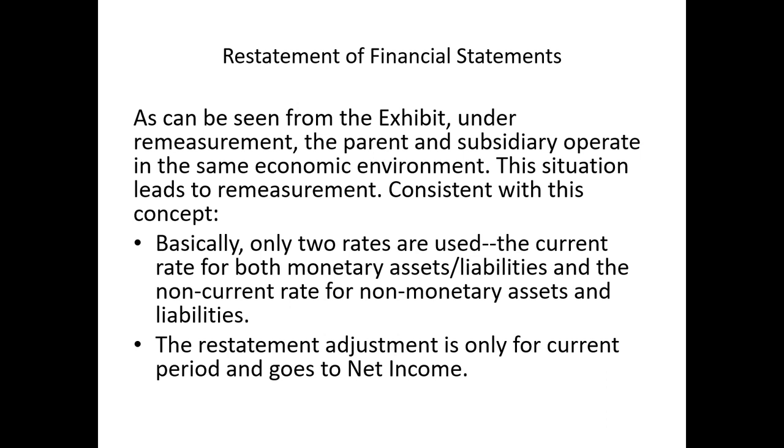If you have a piece of land you purchased 5 years ago, to get the true historical cost of that land, you should take the cost of the land in the foreign currency and multiply it times the historical exchange rate that existed when the land was purchased. The same thing: non-current rates are the rates that existed when the company acquired those particular hard assets, land, buildings, equipment. So it makes more conceptual sense.